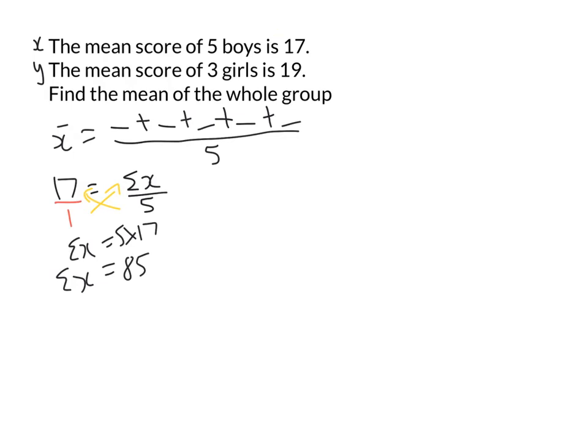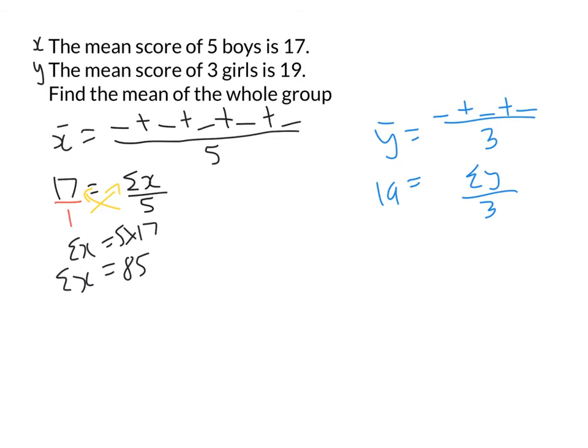If we do the same for the girls, we'll call it y bar. You'd add up the 3 girls' scores and divide that by 3 because there's 3 of them. Now, the quick way of writing the sum of the 3 girls would be sigma y. So sigma y over 3 equals 19 in this case.